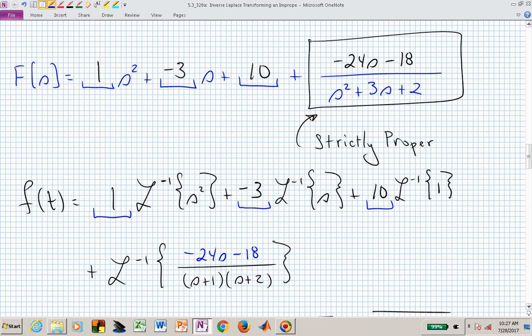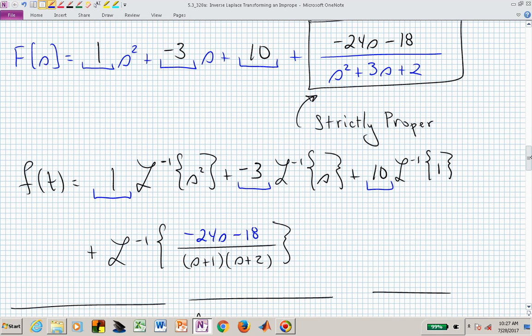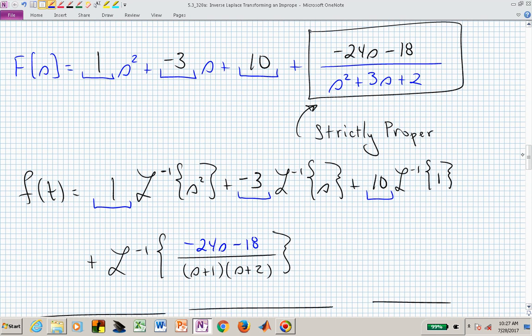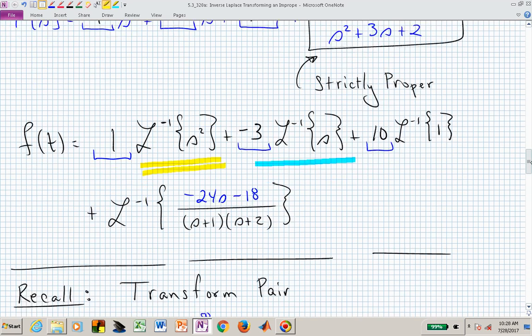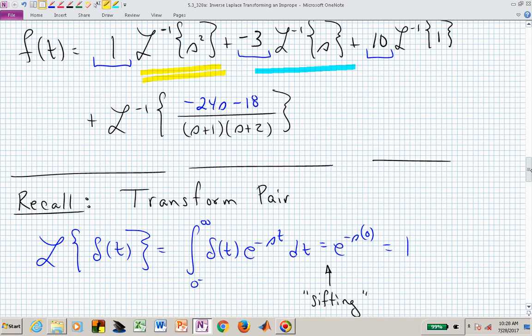Now, before we move on, let's just see what we obtain if we start inverse Laplace transforming a constant. We should have that in our transform table already. What happens when we inverse Laplace transform an s, and what happens when we inverse Laplace transform an s squared. Let's see if we can convince ourselves of what those look like in the time domain by just recalling some transform pairs.